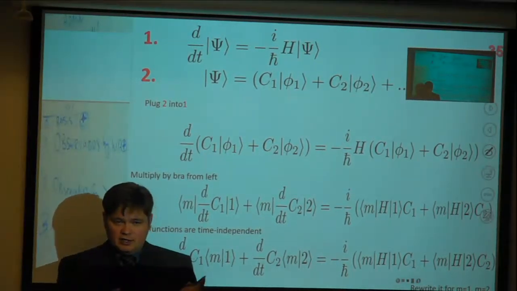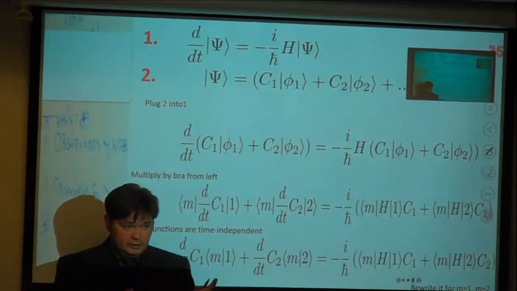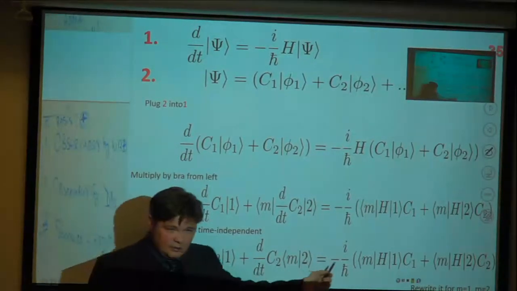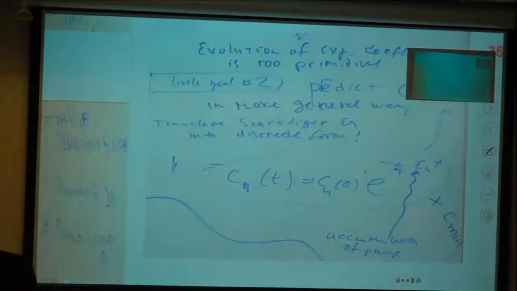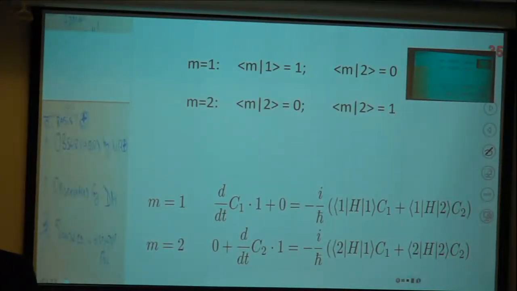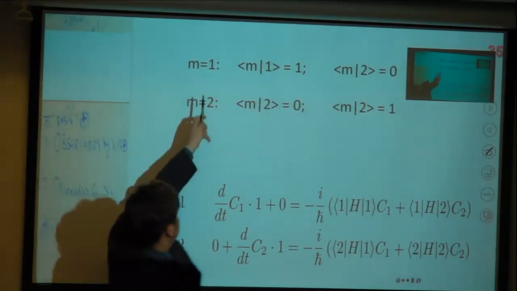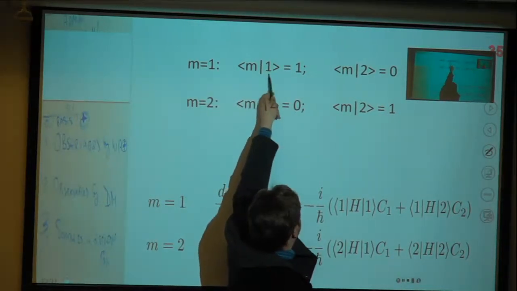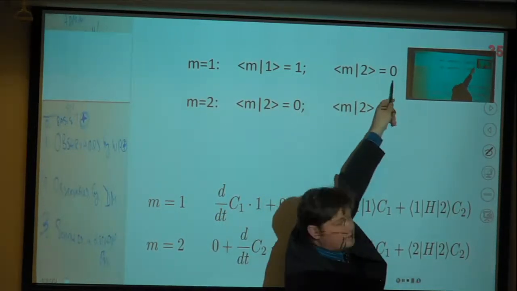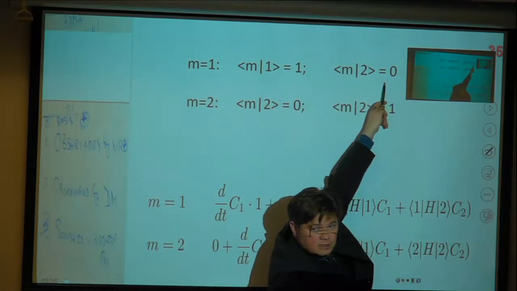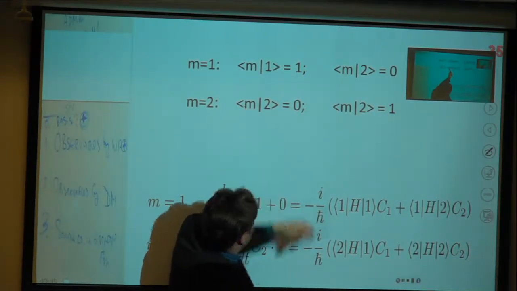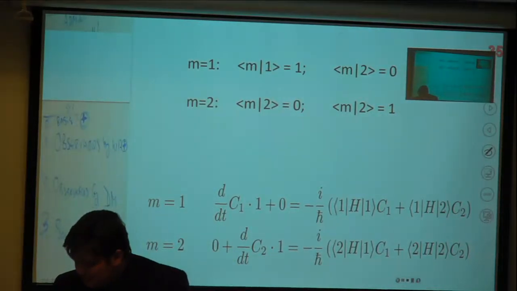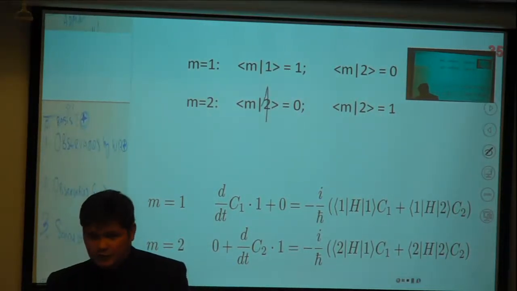In our case, we can plug in m equals 1, m equals 2, and see how this equation changes. If m equals 1, then this convolution becomes 1, the second convolution becomes 0. If m equals 2, then this convolution becomes 0, and this becomes 1.